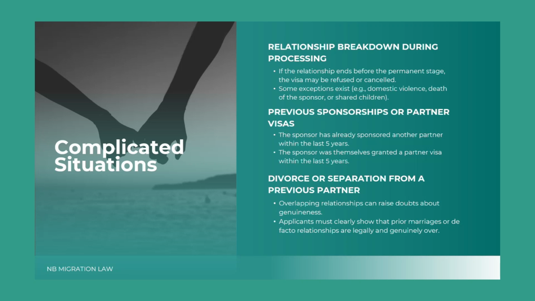So there will be ways for the applicant to achieve their permanent residency in limited circumstances. For example, the first one would be domestic violence, the death of the sponsor, or they do have a child or children with each other.